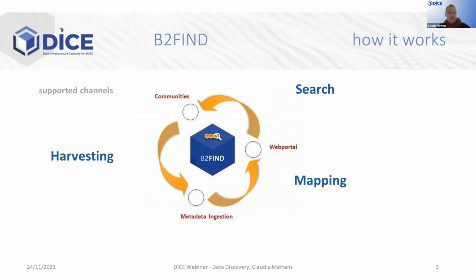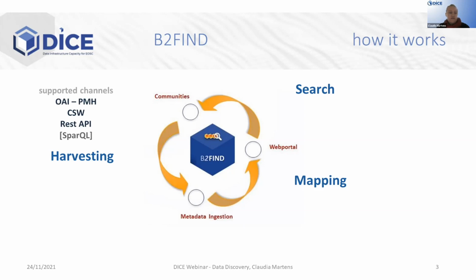Now, a bit more concretely. We harvest via OAI-PMH, the Open Archives Initiative Protocol for Metadata Harvesting. That's specialized for metadata harvesting. It's actually quite old, but it's stable, it works, and it's reliable.